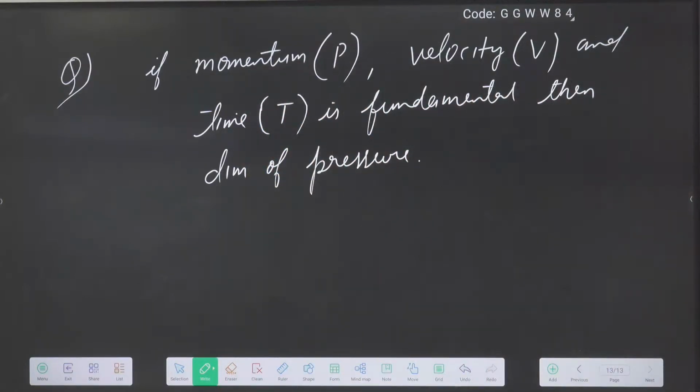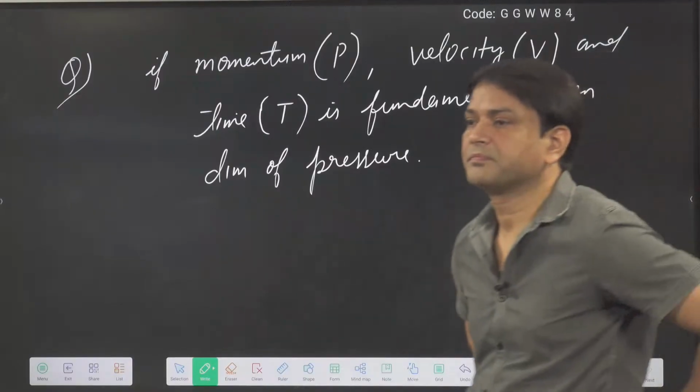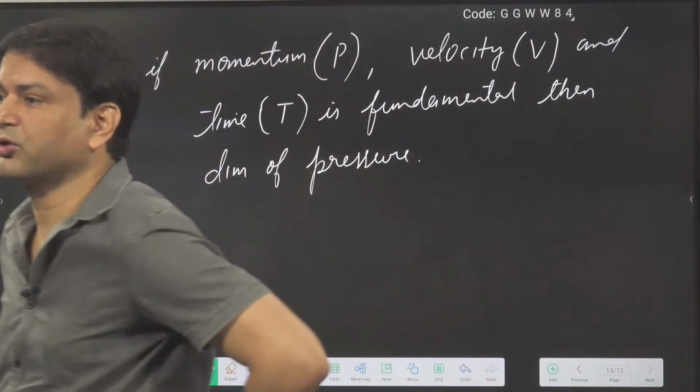If momentum P, velocity V, and time T are the fundamental, then what is the dimension of pressure?